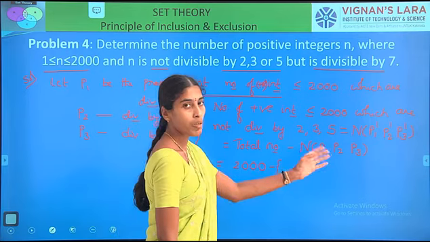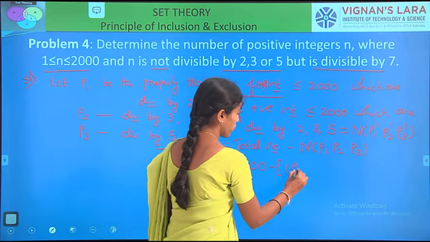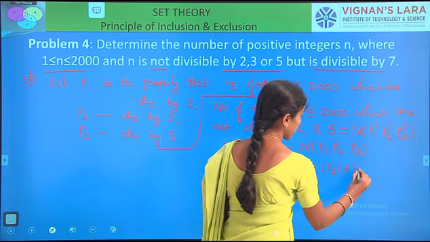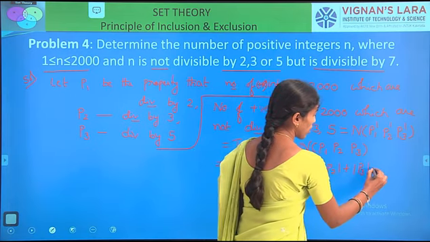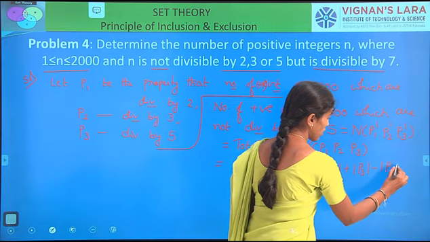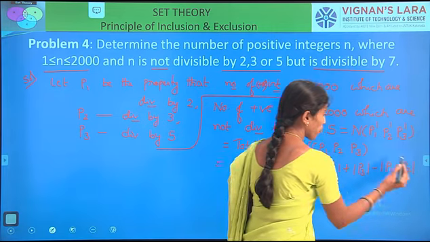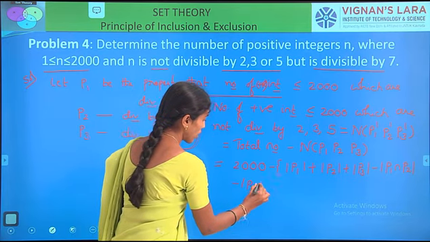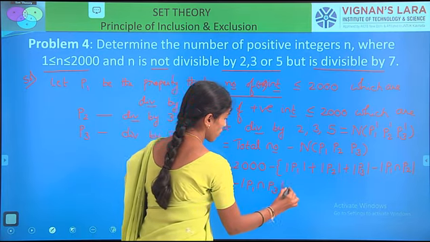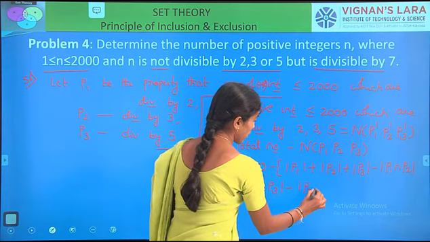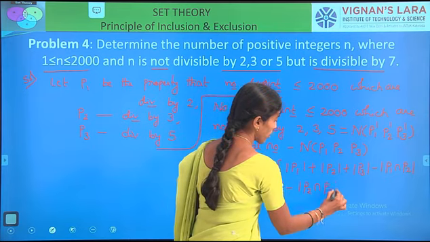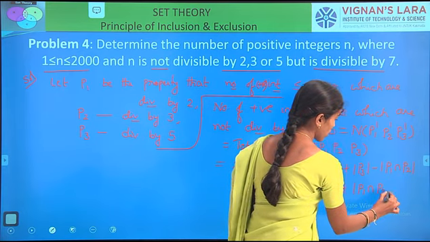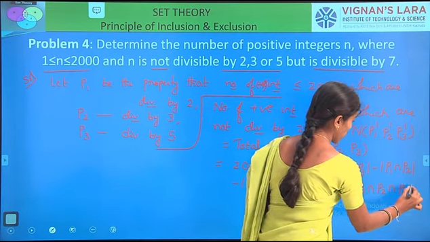n of P1, P2, P3, which is cardinality of P1 plus cardinality of P2 plus cardinality of P3 minus cardinality of P1 intersection P2 minus cardinality of P1 intersection P3 minus cardinality of P2 intersection P3 plus cardinality of P1 intersection P2 intersection P3.